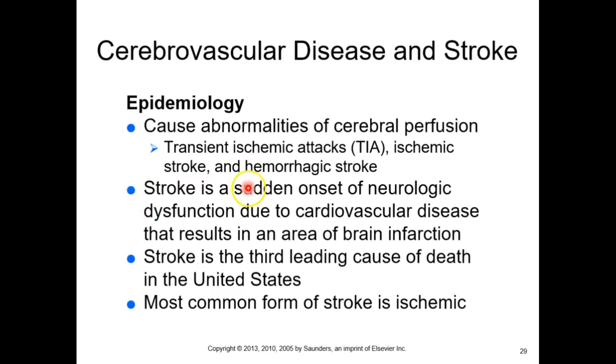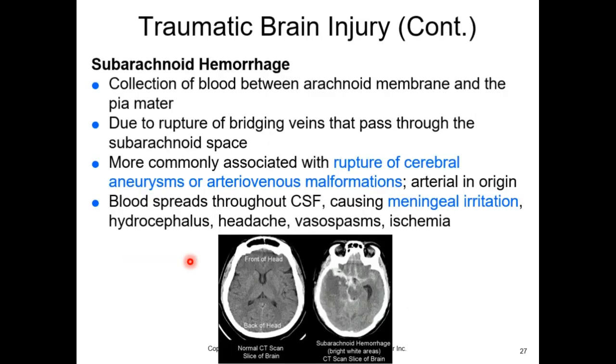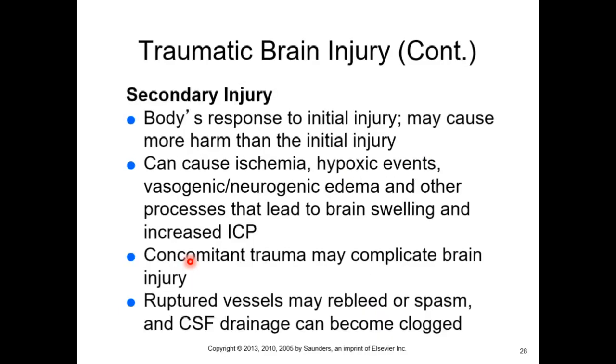Stroke is cardiovascular disease that does result in an infarct in the brain. There's a couple of different kinds of stroke. There's ischemic stroke and there's hemorrhagic stroke, right? We've kind of already addressed some of the parts of a hemorrhagic stroke. A hemorrhagic stroke is going to be a lot like a subarachnoid hemorrhage, or in a way it is a subarachnoid hemorrhage.